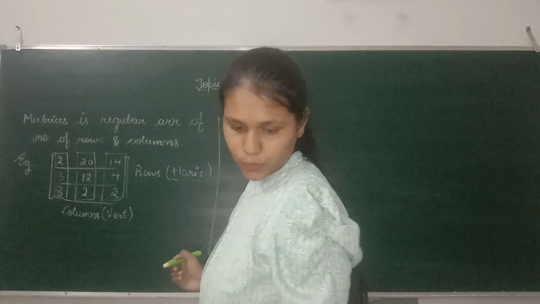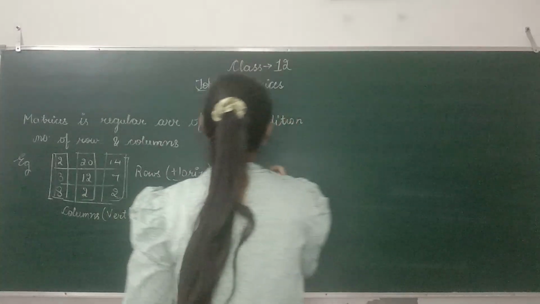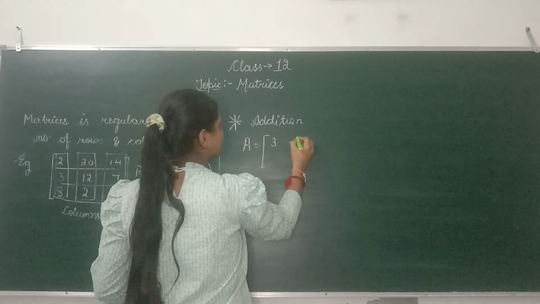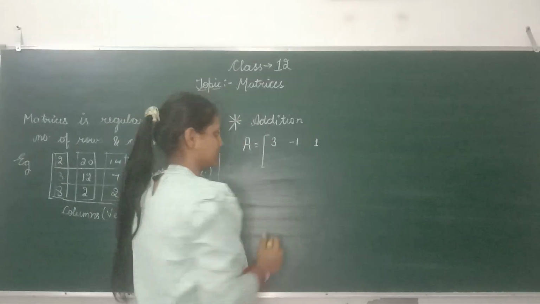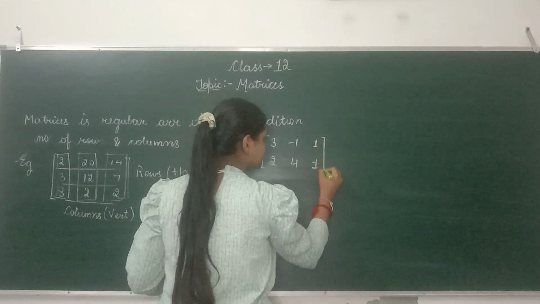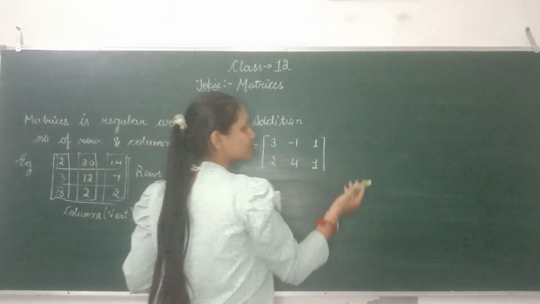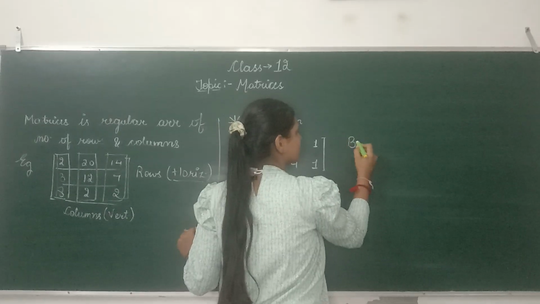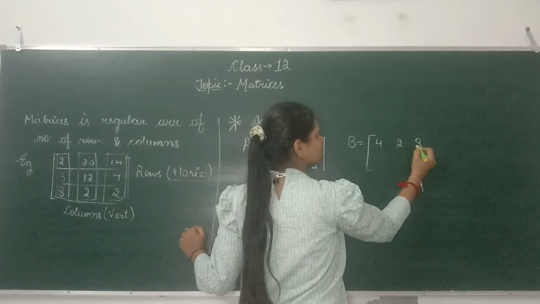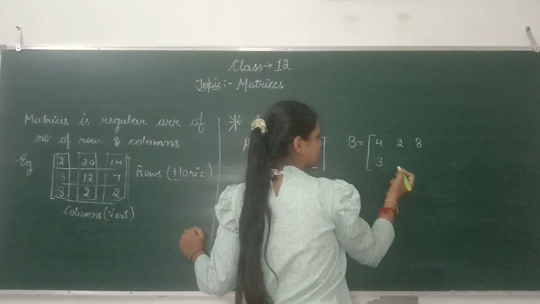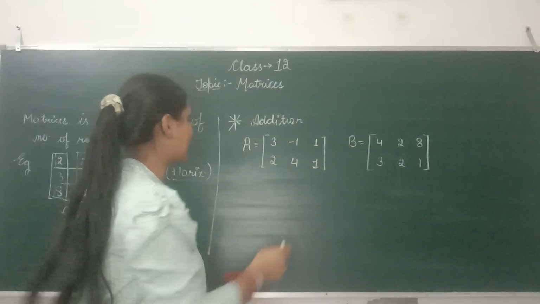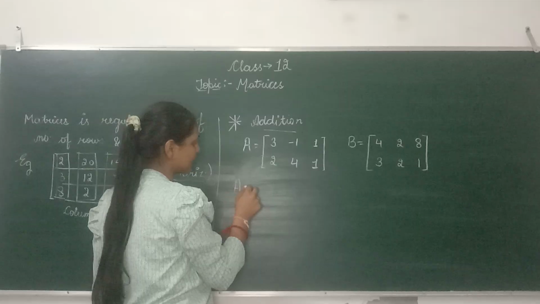If A is given to be 3, minus 1, 2, 4 and again 1. And another matrix, let us suppose B, which is given to be 4, 2 and 8, 3, 2 and 1. Now we have to add these two matrices, that is A plus B.